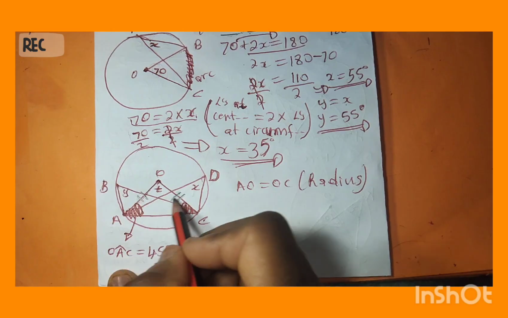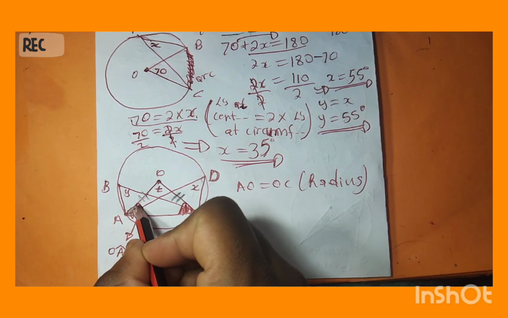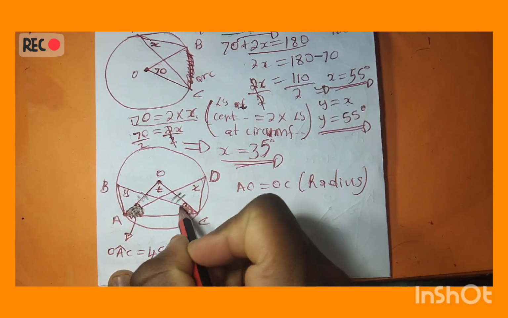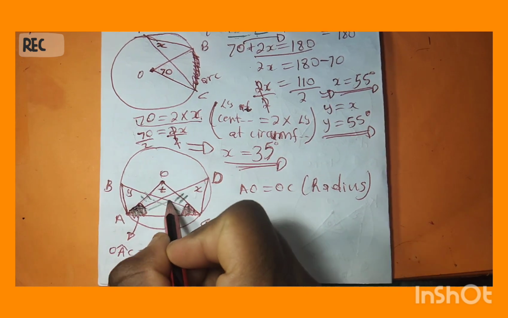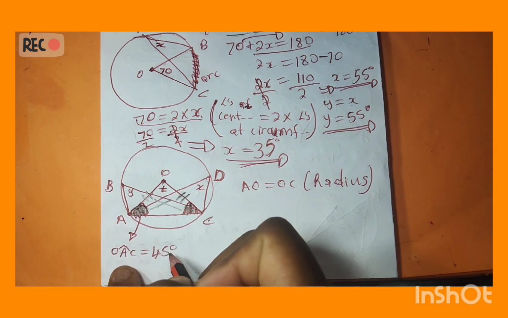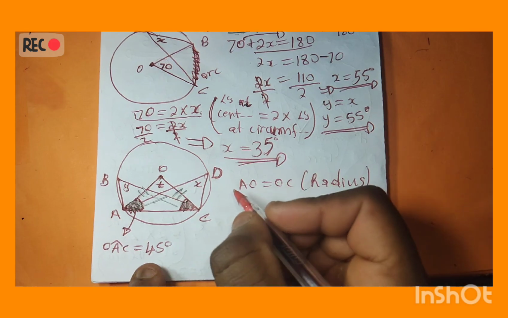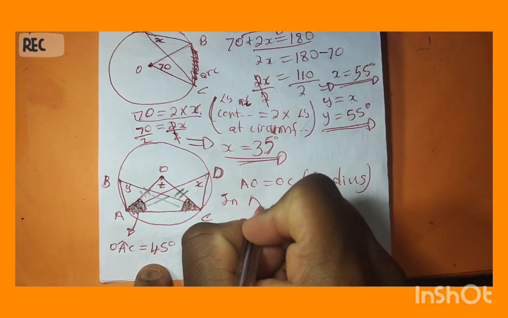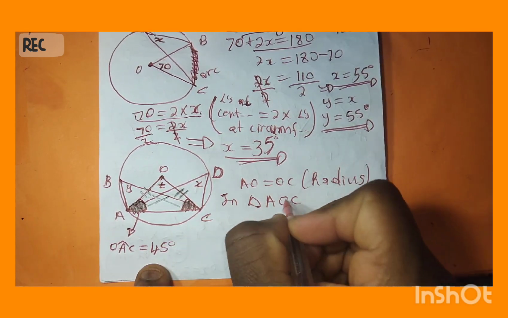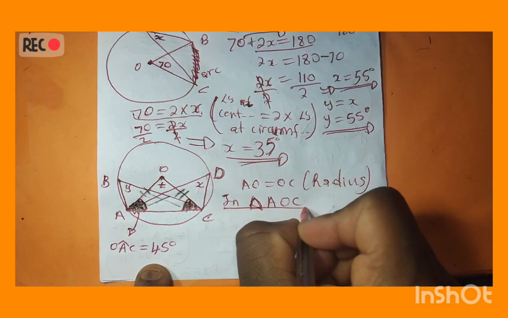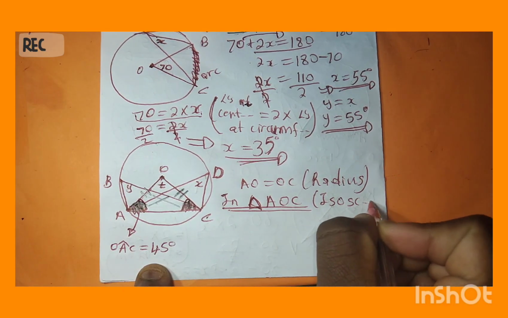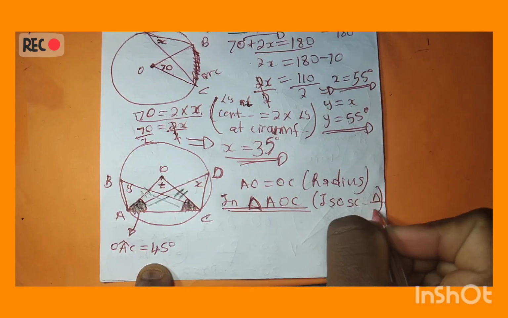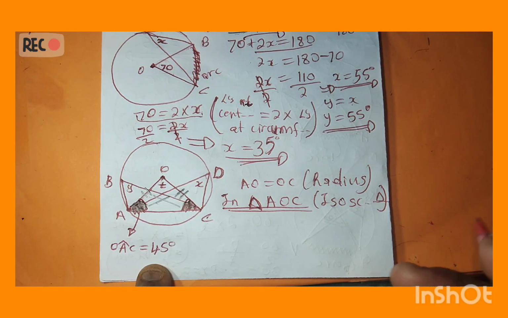And now if those two sides are equal, we can say that these two angles are also equal, because those two angles are opposite the equal sides. So now in triangle AOC, that's an isosceles triangle, guys.